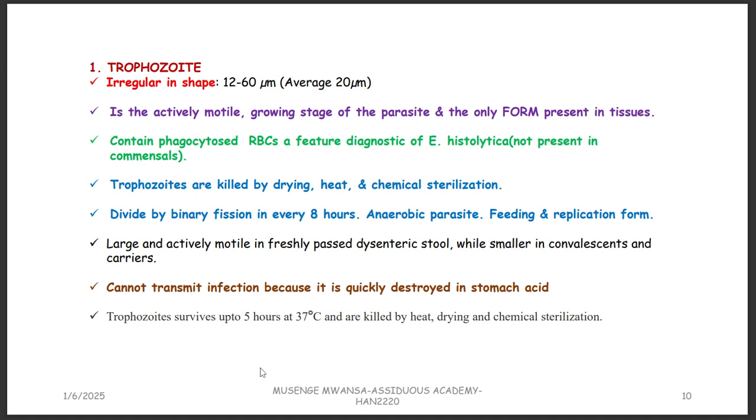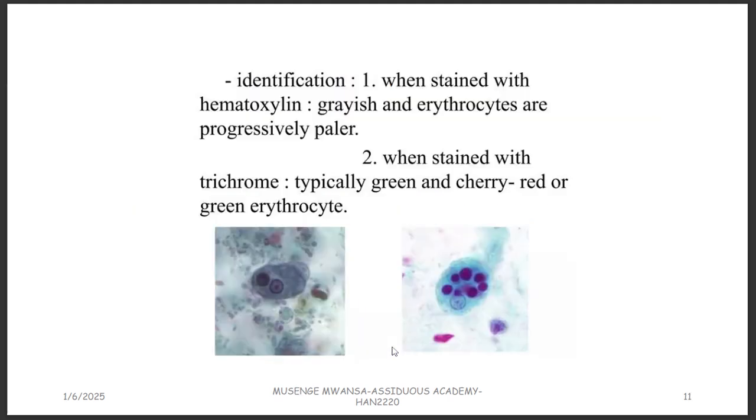This form can actually survive up to 5 hours at 37 degrees Celsius, but you can kill it using heat, drying, and chemical sterilization, as we said earlier on. When you stain the trophozoite with hematoxylin, this is a stain, H and E, if you remember, they are going to look grayish, and the red blood cells inside are going to look pale.